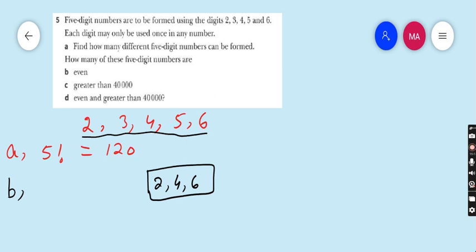So this is 3, multiplied by how many remaining numbers? After these three we have 3 and 5. Kindly wait.